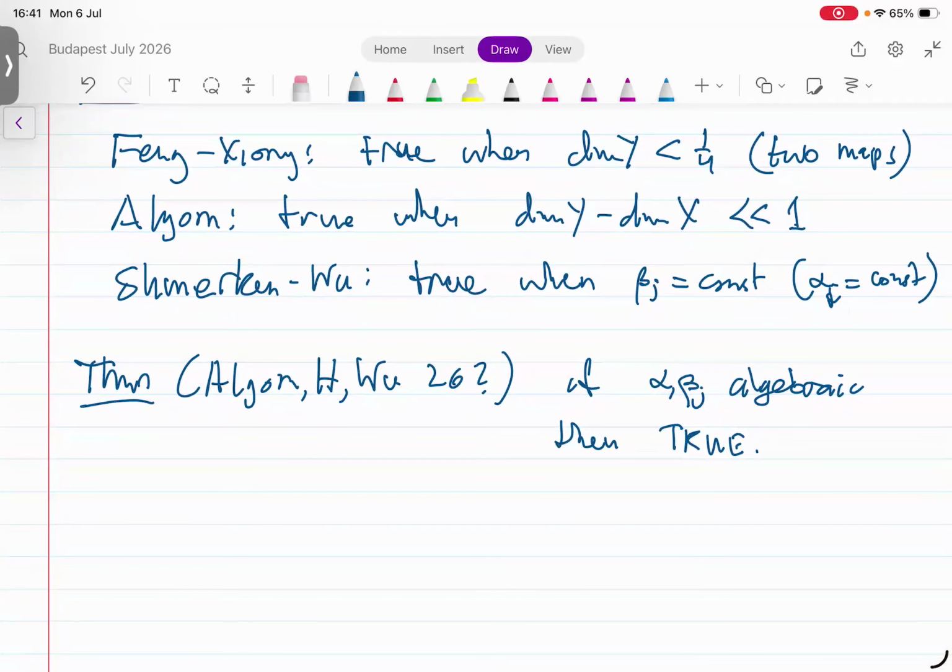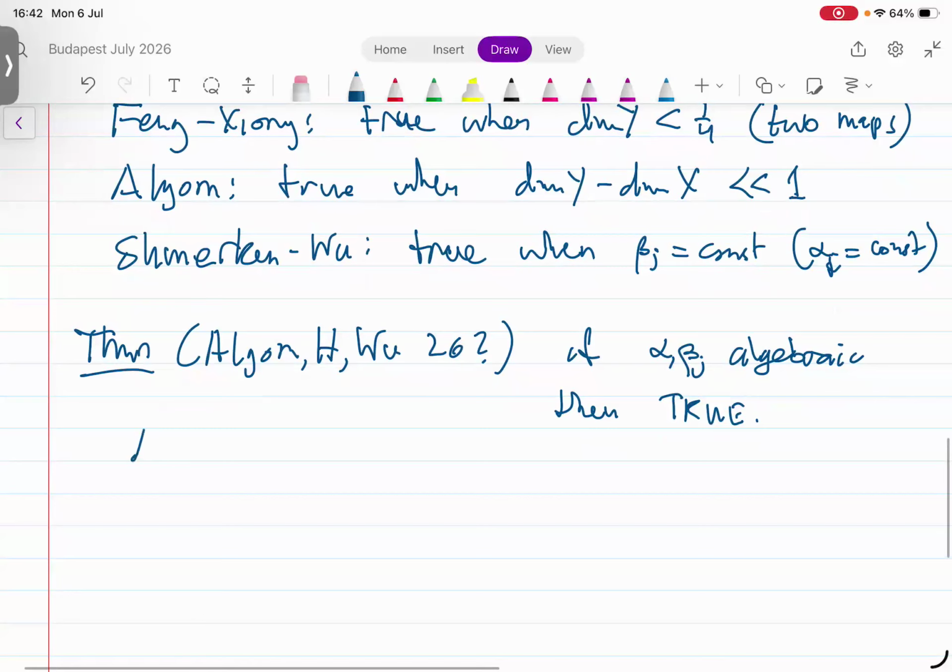Right, so this is maybe a little bit reminiscent of what happens with the overlaps conjecture. And the mechanism is different, but it again boils down to the fact that for algebraic parameters, we have some kind of exponential separation. So I'll try to explain how that comes in, but it comes in a different way. And then we can also prove a few other statements.